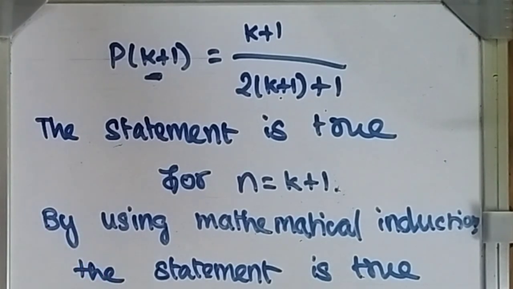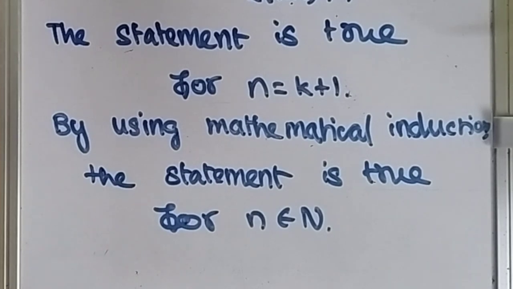So see, we are provided with an equation, right? That is 1 divided by 1 multiplied by 3, plus 1 divided by 3 multiplied by 5, and it goes on up to 1 divided by 2n minus 1 multiplied by 2n plus 1, equals n divided by 2n plus 1. So we have to prove that. So we are using mathematical induction.